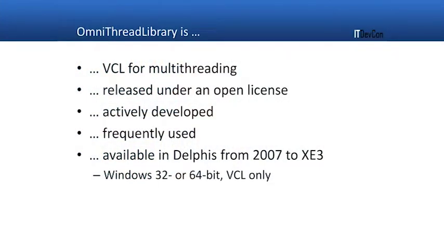I think most of you know what the OmniThreadLibrary is, so I'll be quick here. I try to present it as VCL for multithreading, where I think of TThread as the good old Windows way of doing programming, when you wrote a big message processing loop and did everything inside.